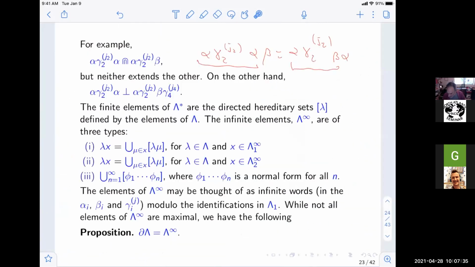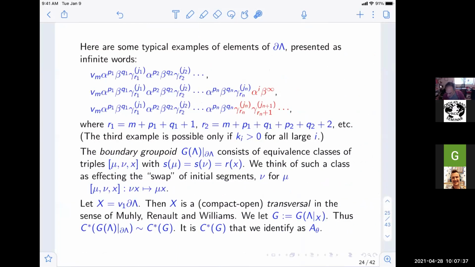So in fact, if we look at things that start at the first vertex, that's actually a transversal in the sense of Muhly, Renault, and Williams. So if we restrict just to those elements of the boundary, we get something Morita equivalent to the whole thing. So that's what I call the groupoid G. It's the restriction to this compact open subset of the boundary. And that's the groupoid whose C-star algebra is the Fröhlich algebra.